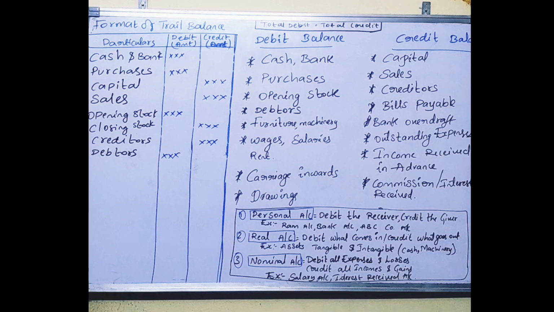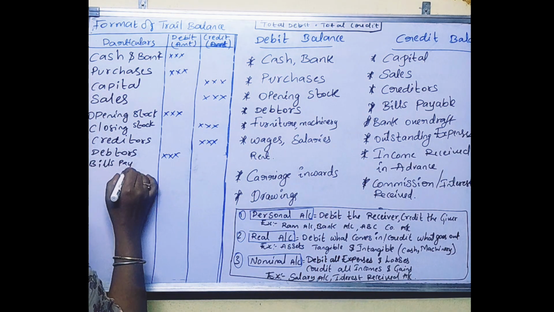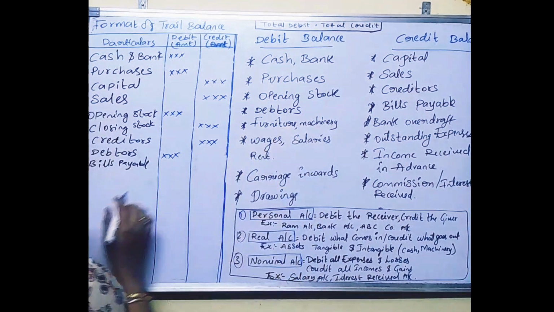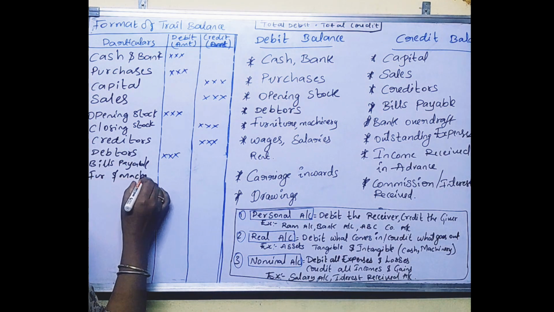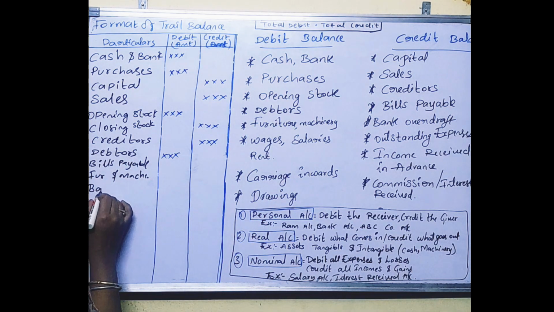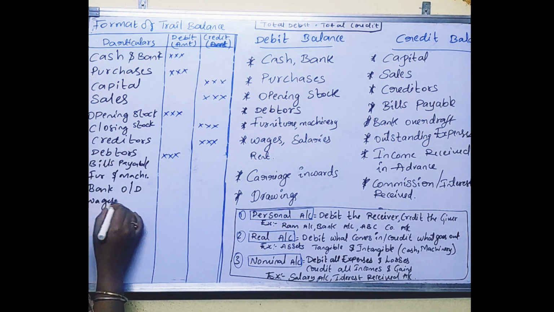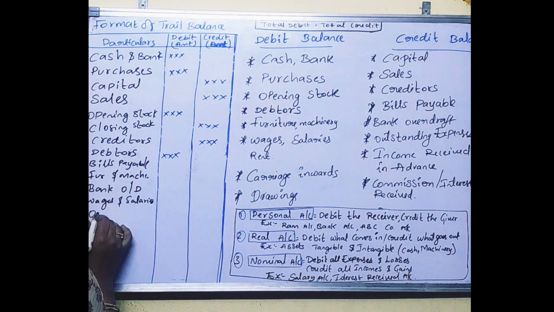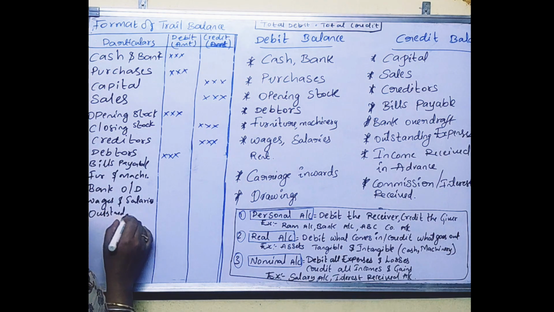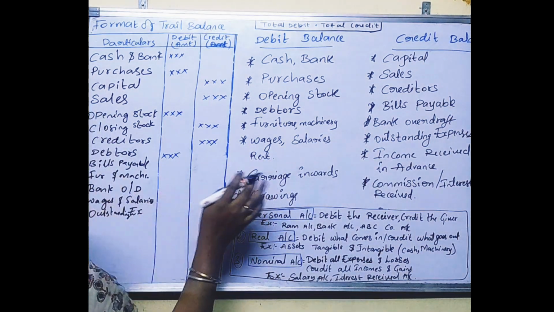And how many remaining are there? Bills payable, I'm writing here bills payable. And after that furniture and machinery. Bank overdraft, wages and salaries, outstanding expenses. Rent, wages, salaries, all will come here.